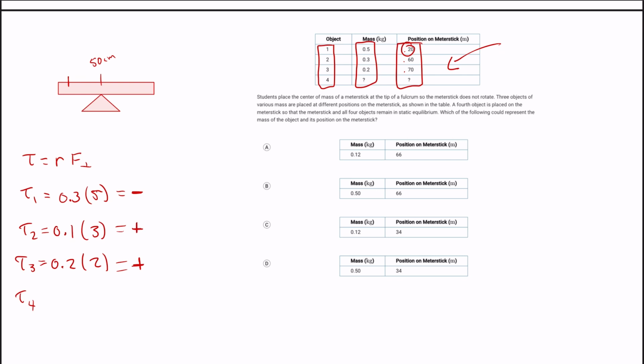And so let's go ahead and calculate these really quickly. So 0.3 times 5. Let me grab my calculator. 0.3 times 5 gives us 1.5. All right. And then 0.1 times 3, that should just be 0.3.